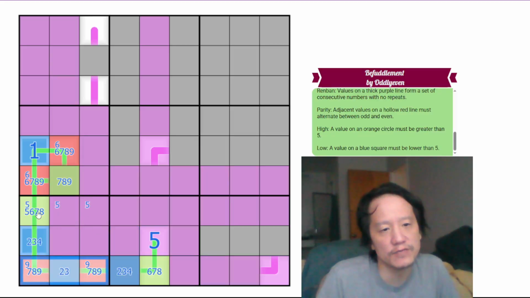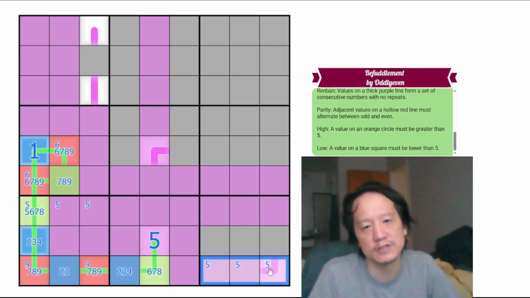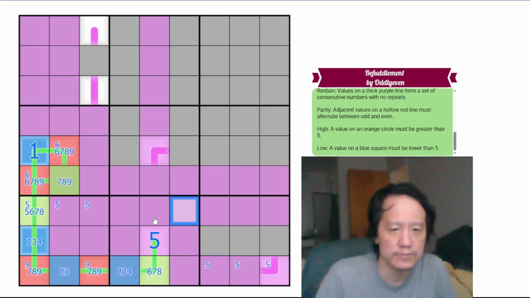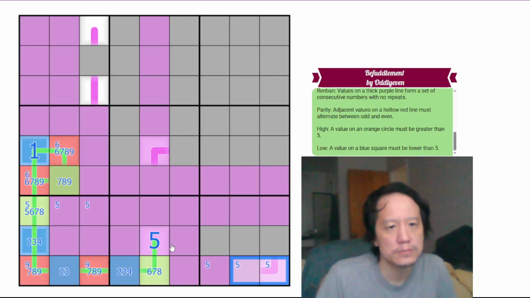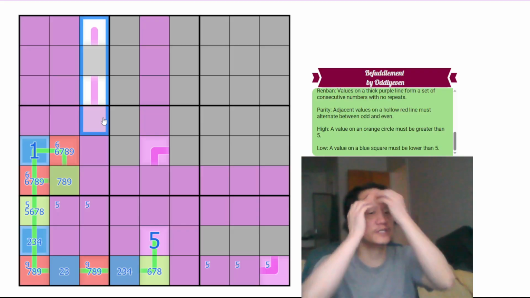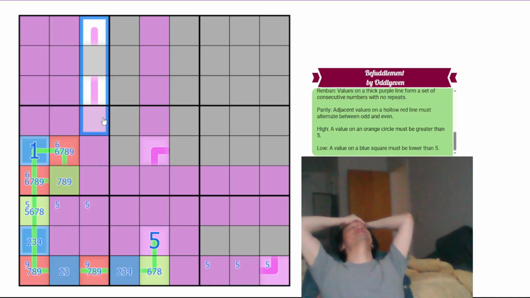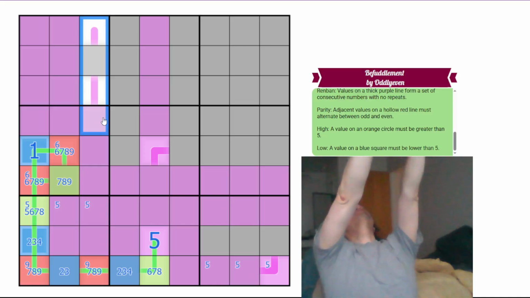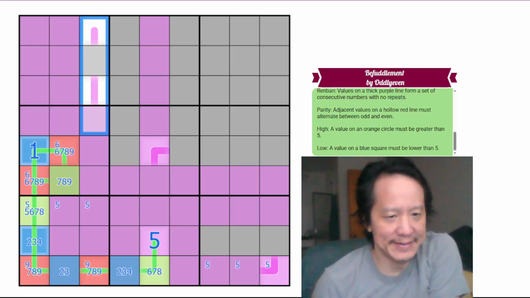Can't be here because of the German whisper rule. Can't be here because of the 5 in the box. So it must be one of these 3 cells. Okay, but it's not guaranteed to be on the Renban. These are 4 digits. We don't have a really restricted there. You know you can't have the digits 6, 7, 8, 9, but you could have double values. So that isn't restricting anything there.